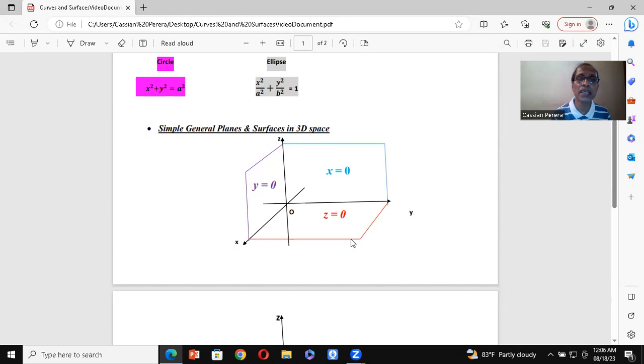Now in 3D, we have it like this. This one is the x-axis here, y-axis and z-axis. In 3D space, we have three axes, which are perpendicular to each other.